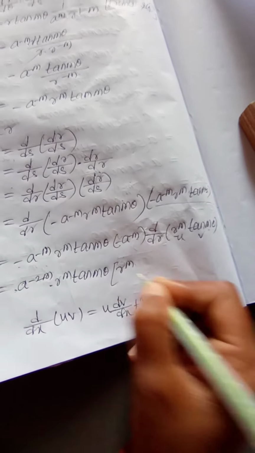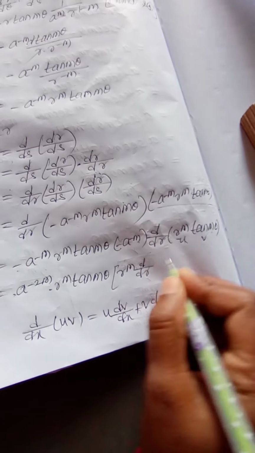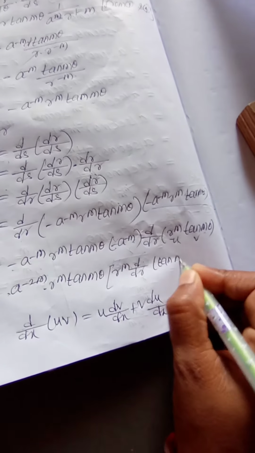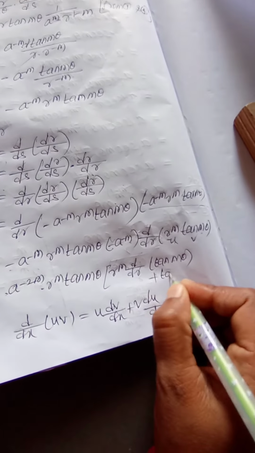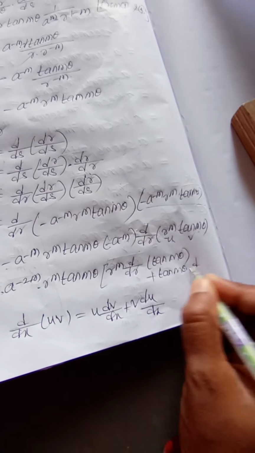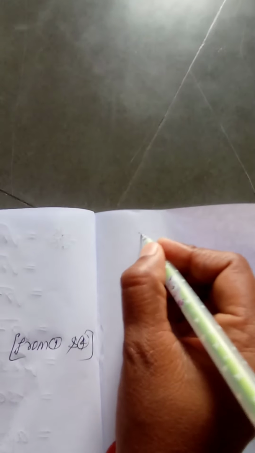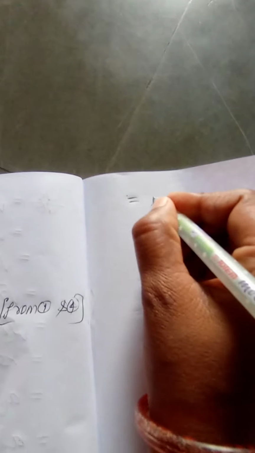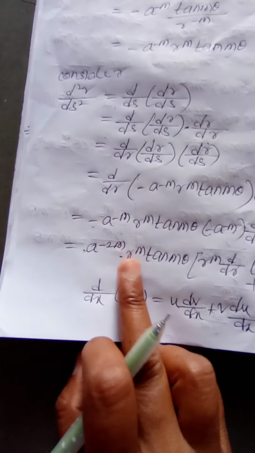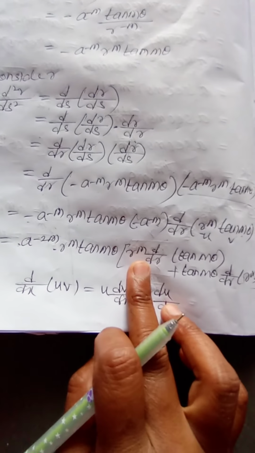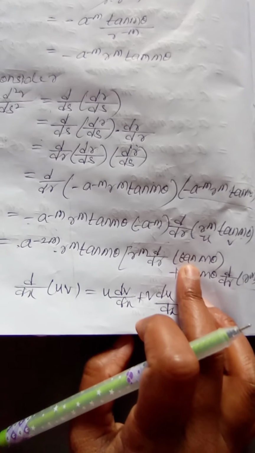So r to the power of m is constant, d by dr of tan m theta, plus tan m theta is constant, d by dr of r to the power of m. Simplify this equation, that equals a to the power of minus 2m r to the power of m tan m theta, so r to the power of m d by dr of tan m theta.